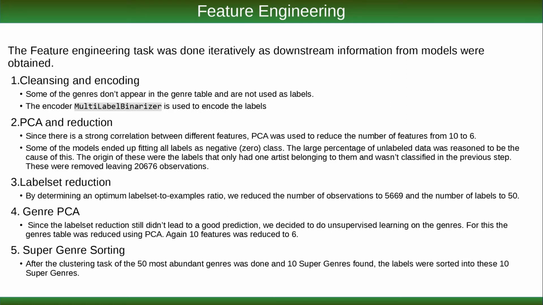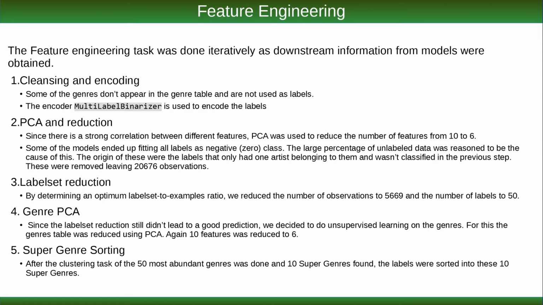An additional label set reduction was done by reducing the data set to only the 50 most prevalent genres. This reduced the total number of observations to 5,669.